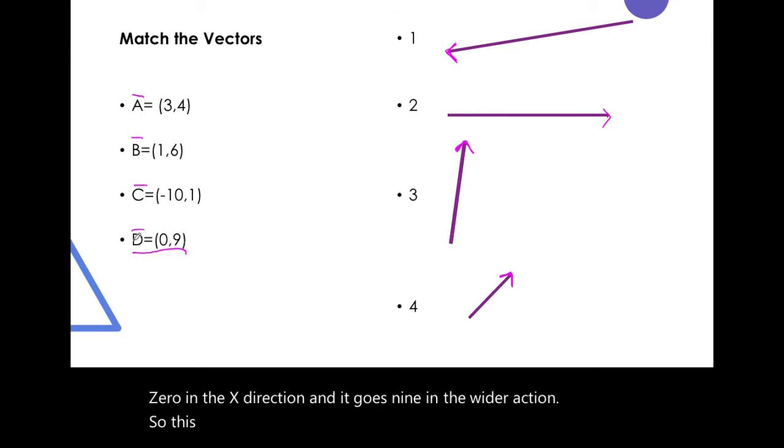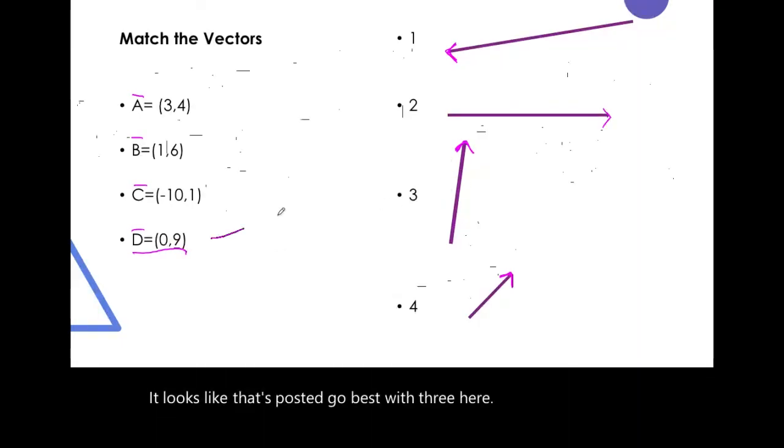So this one is just going to be a straight line going upwards. It looks like that goes best with 3 here. So I would say D goes to 3.